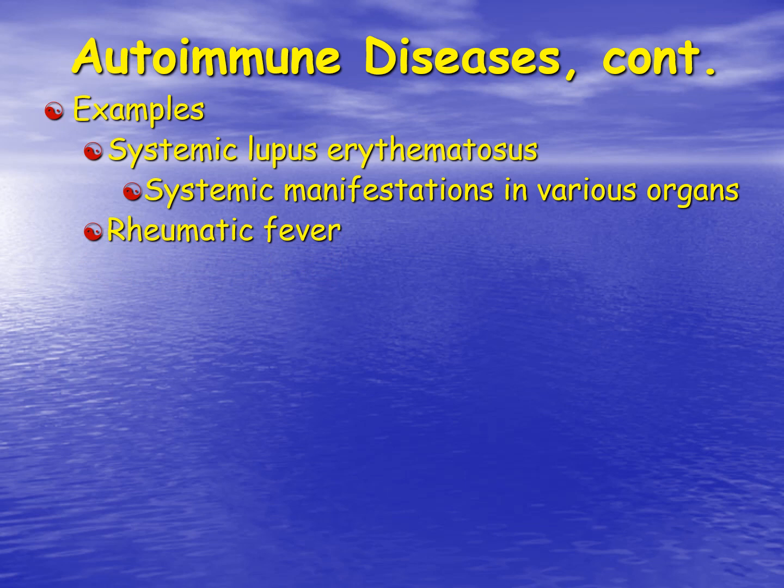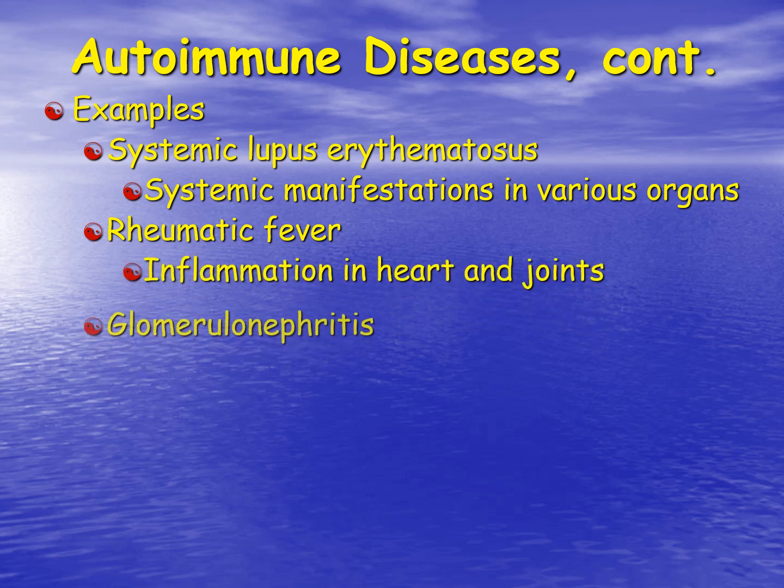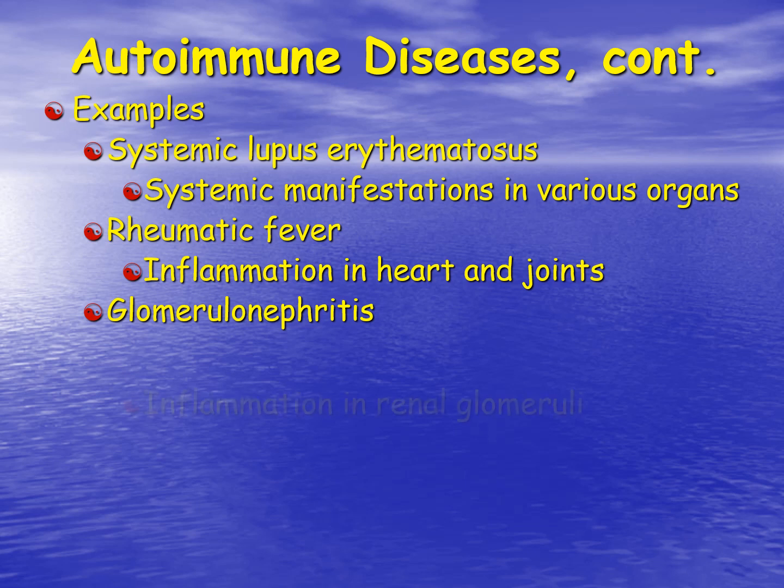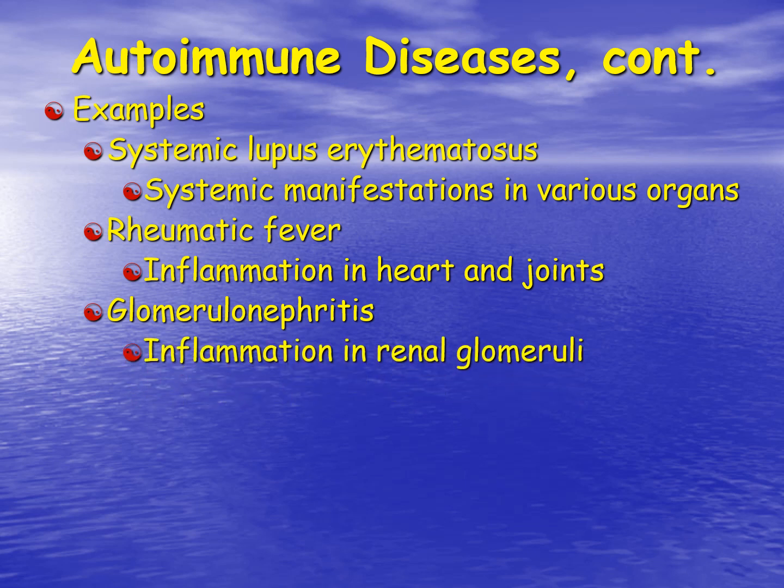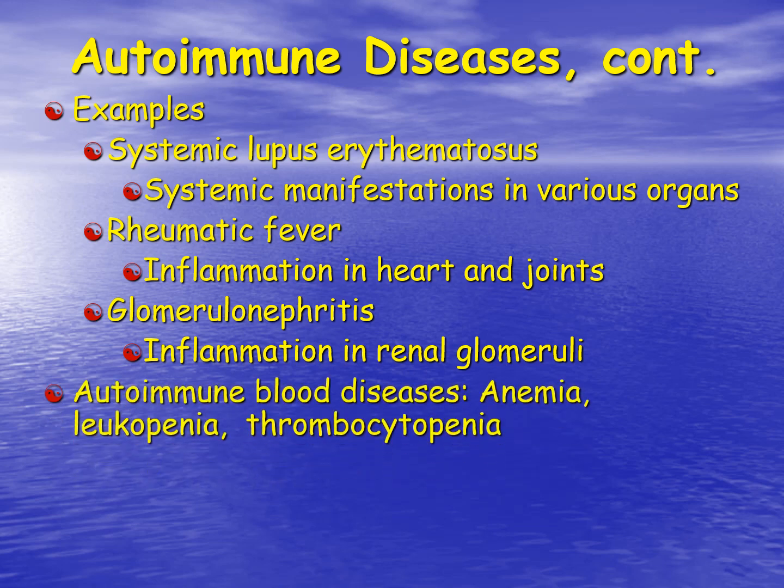Rheumatic heart disease or rheumatic fever, I just talked about, with the streptococcal antigens causing a cross-reaction with normal antigens in the lining of the heart, as well as in certain joints. Certain glomerulonephritis, and this is inflammation in the renal glomerulus that will cause kidney shutdown. Several autoimmune blood disorders will actually cause severe anemia, leukopenia, a decrease in the white cells, or thrombocytopenia, a decrease in platelet numbers.